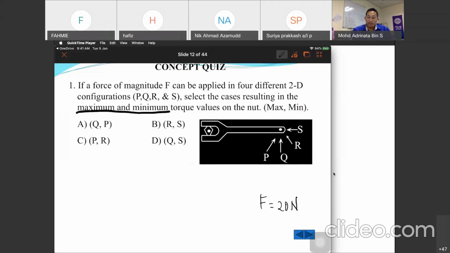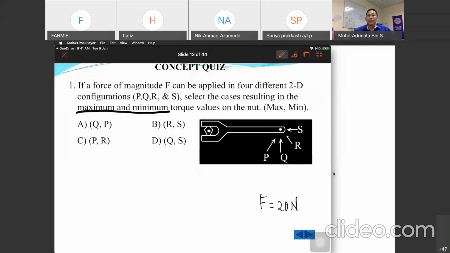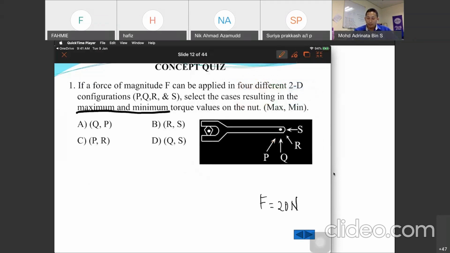So for the maximum, it must be 90 degrees. Look at the P. So for the first one, we have P. If we break up the P, P will act this way and this way.